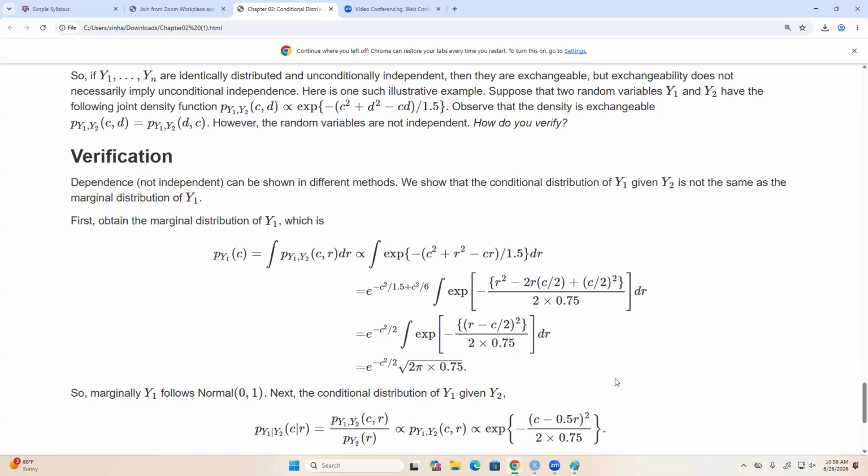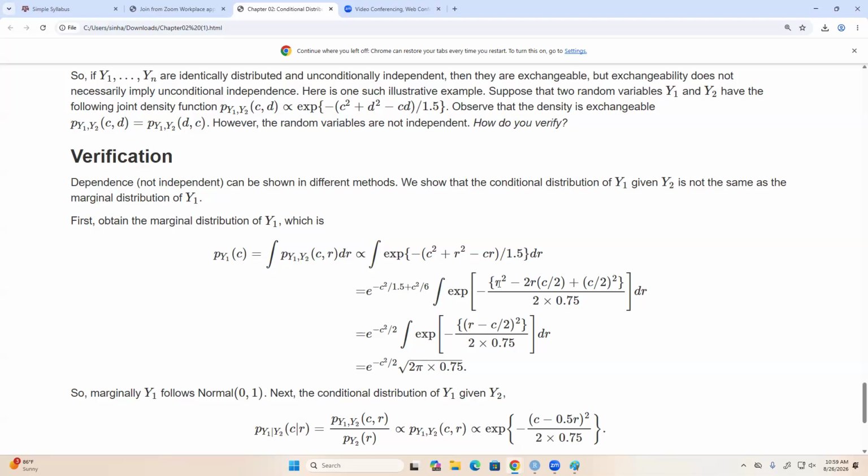You can do that integration using normal density integration. And there, what you need is a complete square term as a power of e. And that is why we call it square completion.